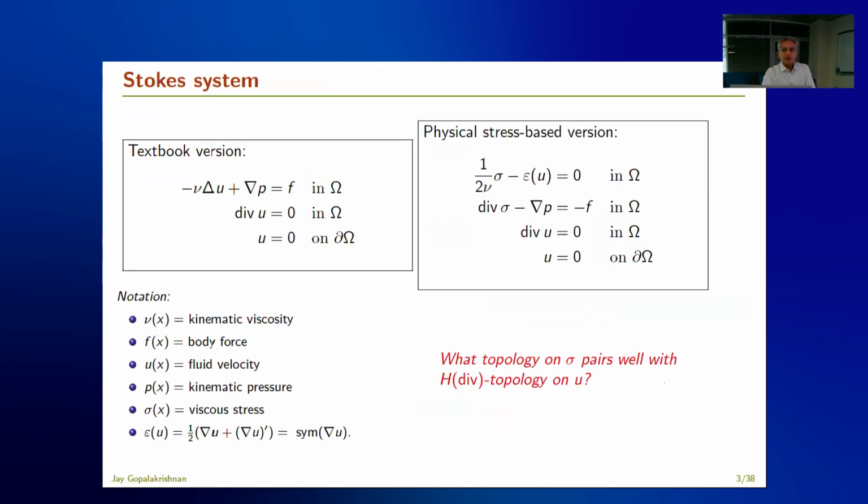Usually because the Stokes system is often started from this textbook version, we think of the velocity variable not in H-div, but as something that can sustain the Laplacian, for example, an H1 vector field. But if you change the point of view and we ask for a vector field in H-div, where you only need the divergence, then the corresponding space in which sigma should be paired is a natural space where normal-tangential continuity is important. This would be the message of the next few slides as we go along.